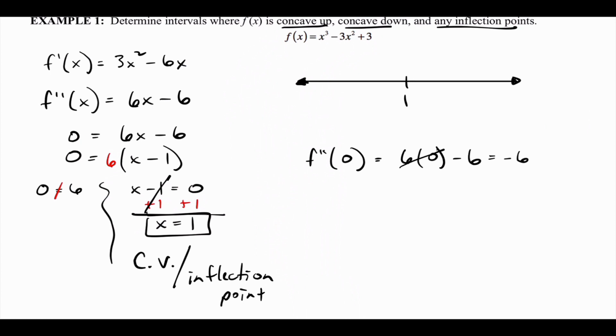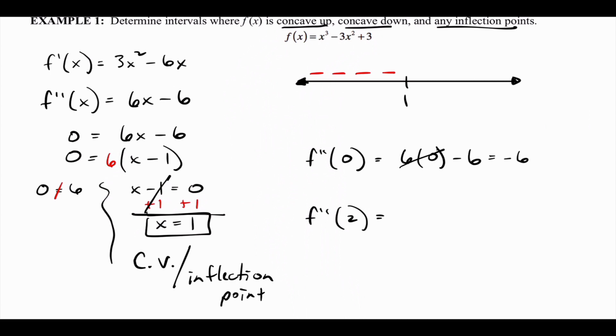So that means less than 1 is negative. It's going to have a negative second derivative. Okay, now pick a number bigger than 1. 2, 3, 10, 100, whatever number you want, as long as it's bigger than 1.